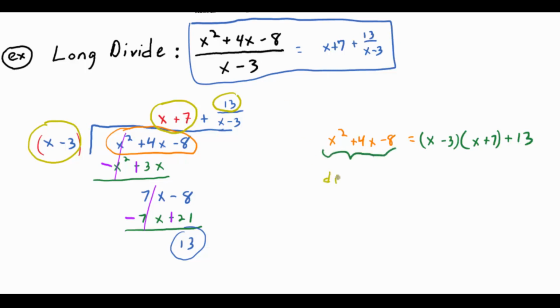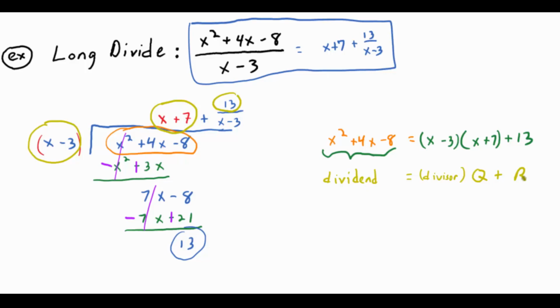This is the dividend. And this is the divisor times the quotient, q for quotient. There's no ambiguity there if I just use q, plus r for remainder. The dividend is the divisor times the quotient plus the remainder.